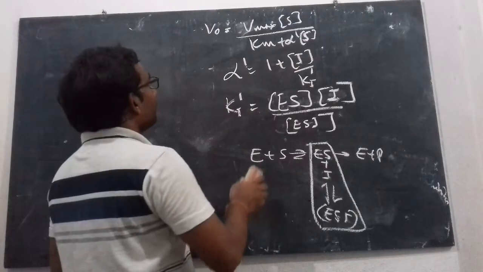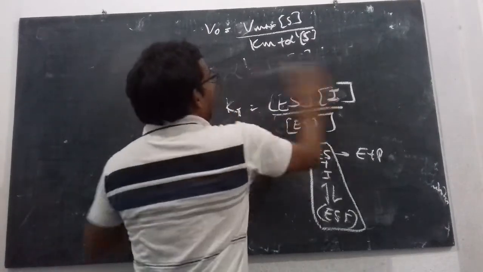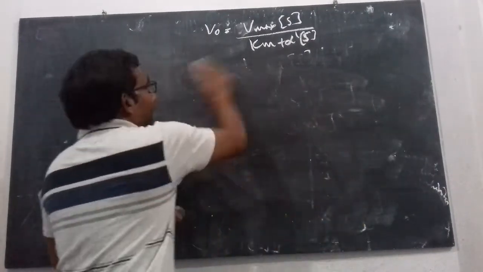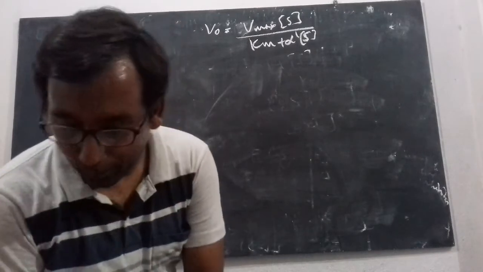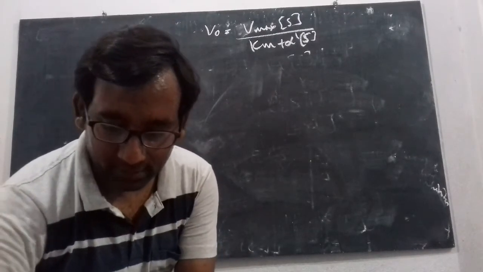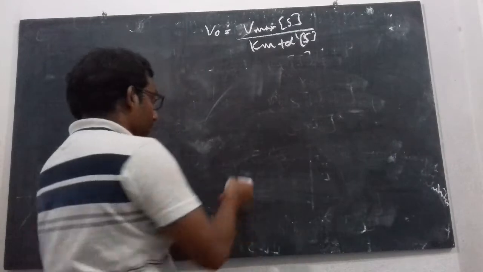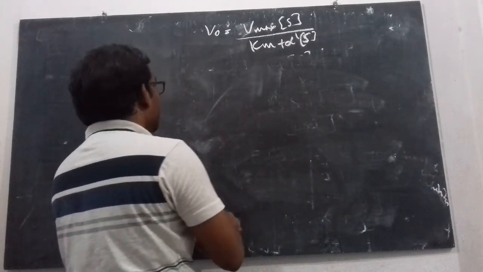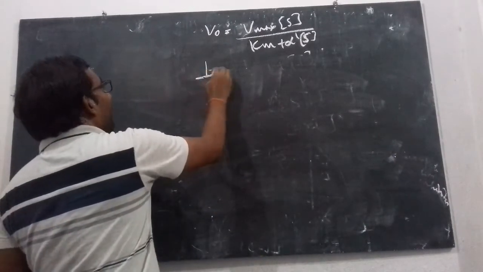Okay. Now, since this is the equation, now you do double reciprocal plot. So how will you draw the double reciprocal plot? You have 1 by V naught.